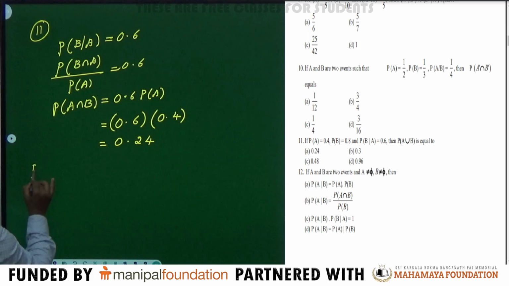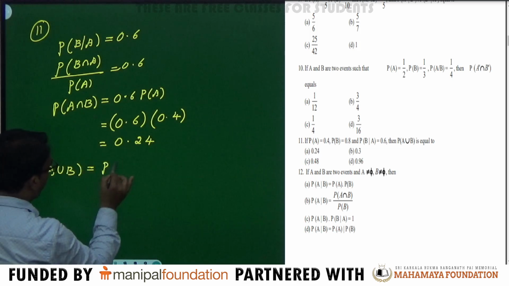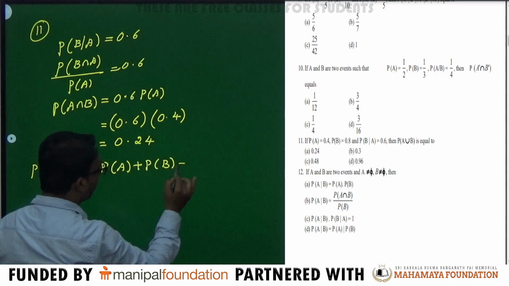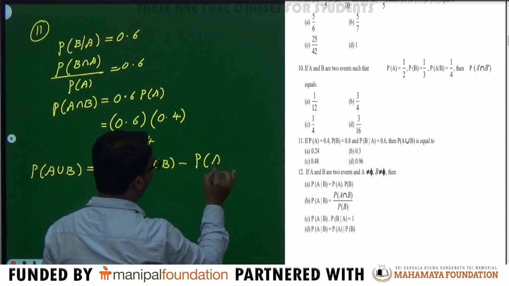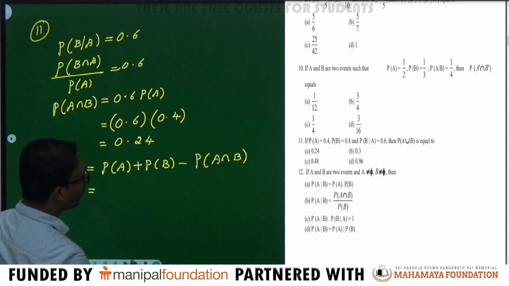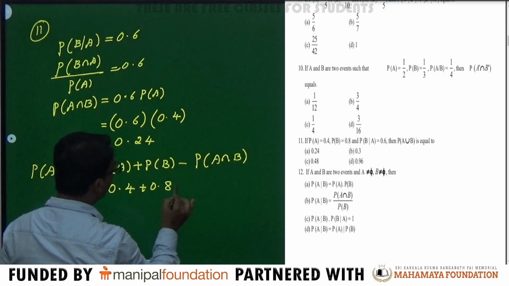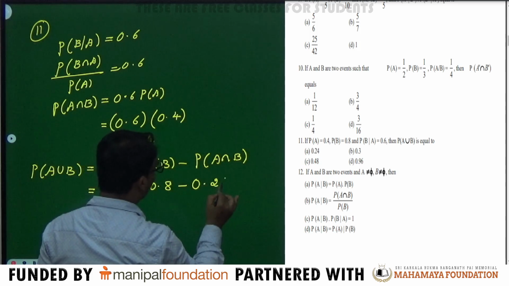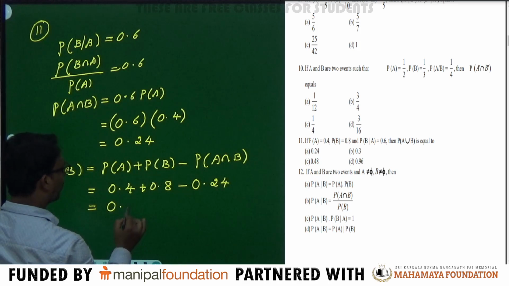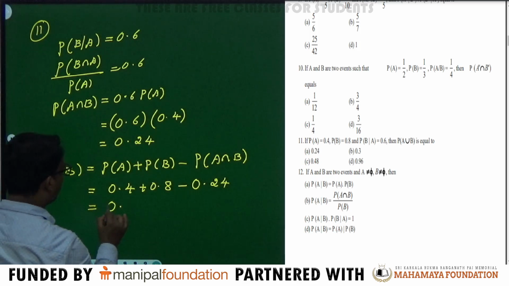So the formula to find probability of A union B is equal to probability of A plus probability of B minus probability of A intersection B. That means 0.4 plus 0.8 minus 0.24. That is 0.4 plus 0.8 is 1.2.